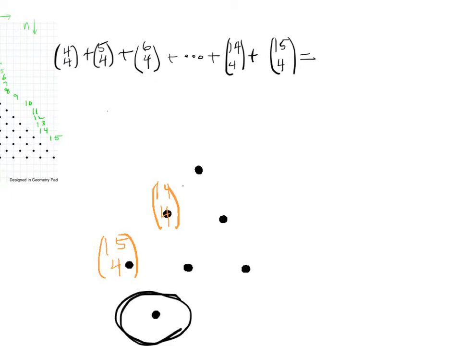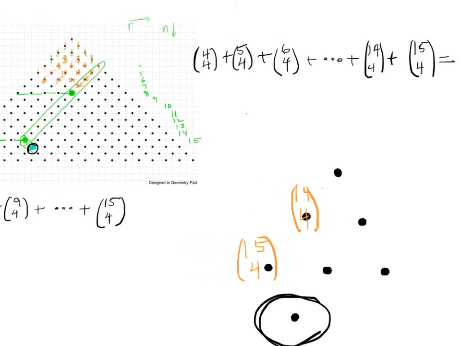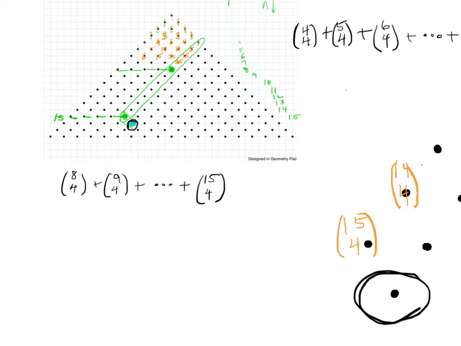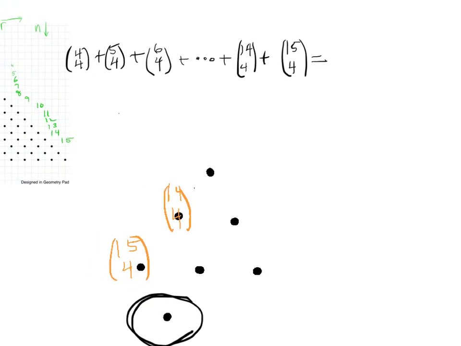We got to know what goes on both sides of the equation. On the left side we've got all these things added up. The right side of the equation is this dot. What is that dot? What choose what? I'm putting it on you.